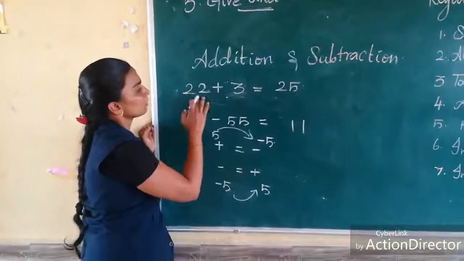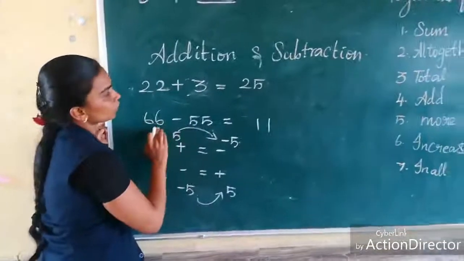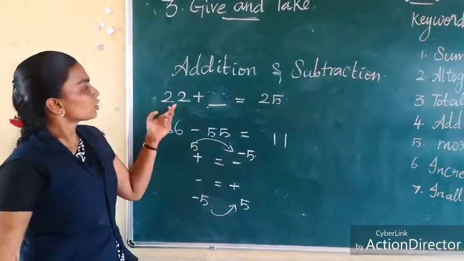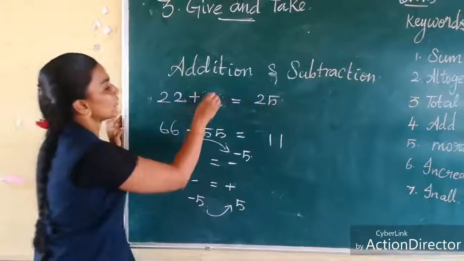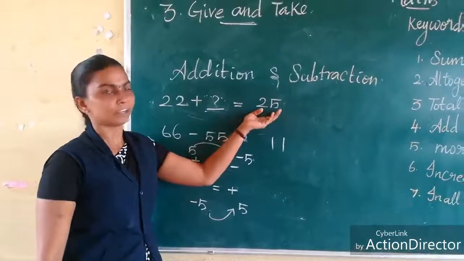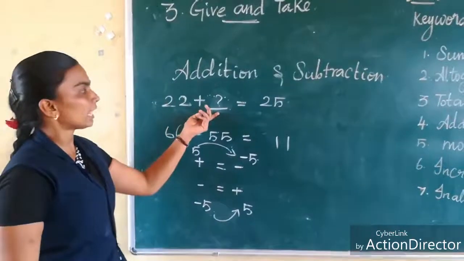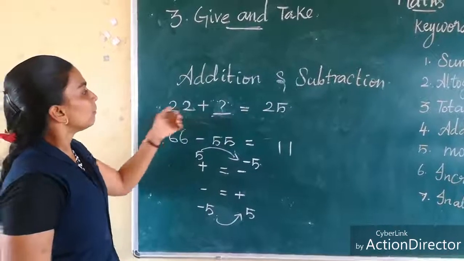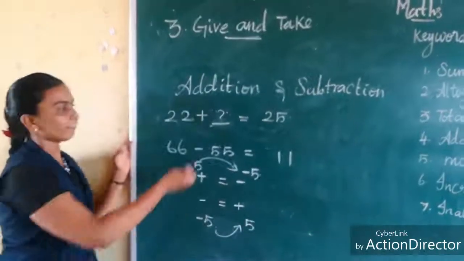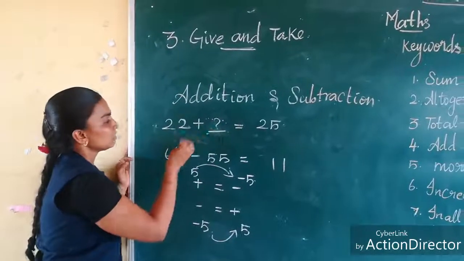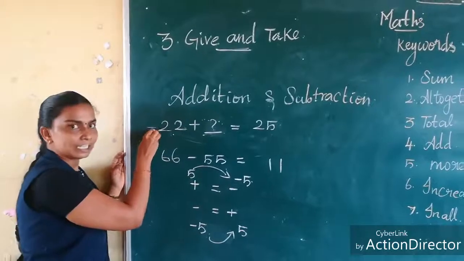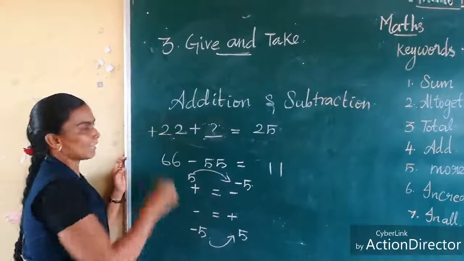Now look at 22 plus 3, that is equal to 25. Now 22 plus some number is equal to 25. But we have to find out the number by using 22 and 25 only. I already told you, if we did not mention any sign, you consider it as a plus sign.